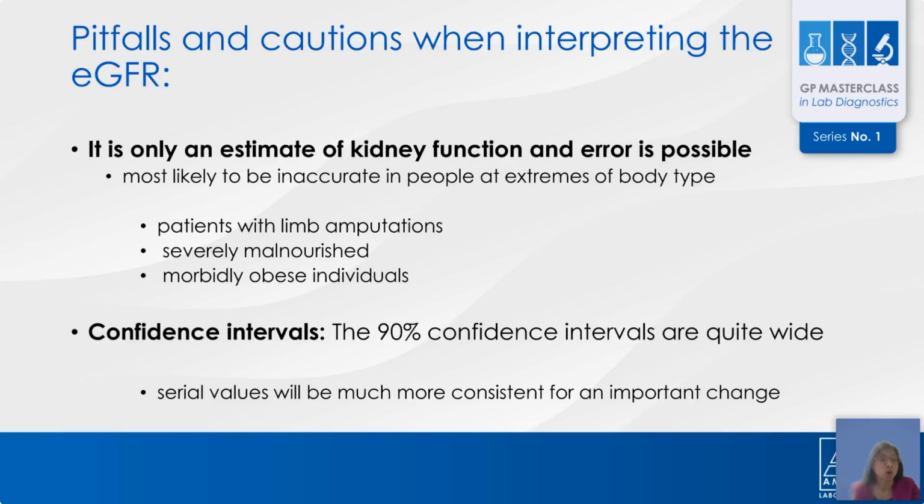Some important things to consider are that it is only an estimate of kidney function and error is possible, most likely to be inaccurate in people of extreme body type, patients with limb amputations, severely malnourished, or morbidly obese patients. We also need to keep in mind that the 90% confidence intervals are quite wide.